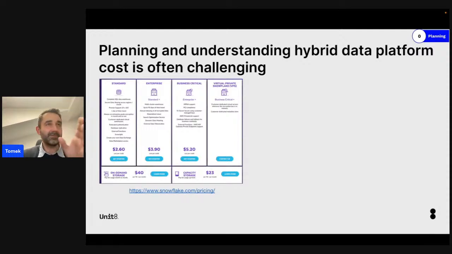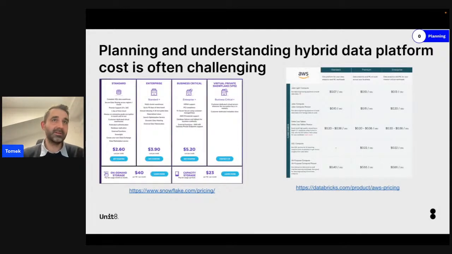In Snowflake, you have a lot of tiers. You pay for usage, you pay for storage, and you also have certain credits that you use. And it's not very easy to reason about those credits and how your workloads are actually going to be reflected on your bills.